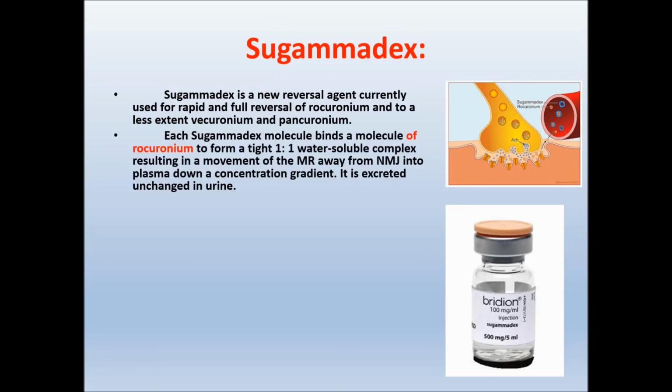Each Sugammadex molecule binds a molecule of rocuronium to form a tight 1:1 water soluble complex, resulting in a movement of the muscle relaxant away from the neuromuscular junction into plasma down a concentration gradient. It is excreted unchanged in urine.